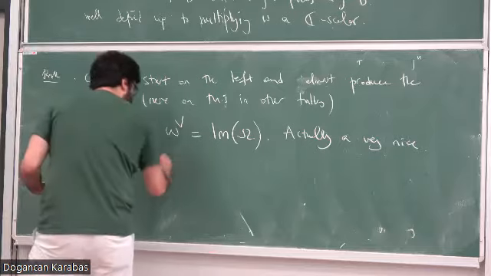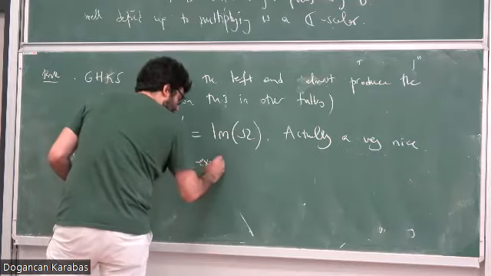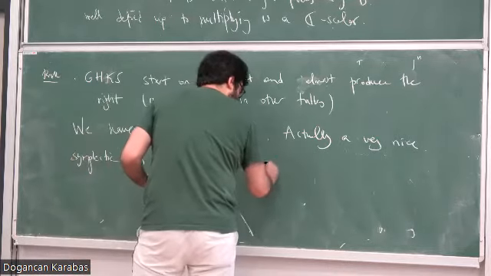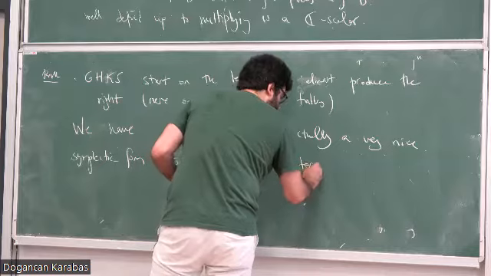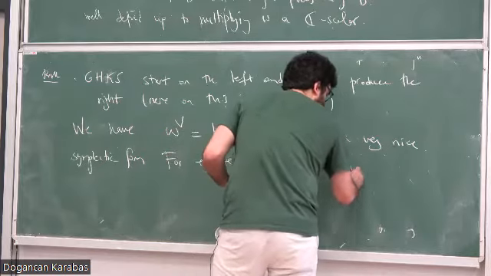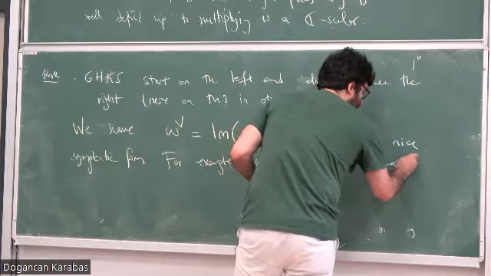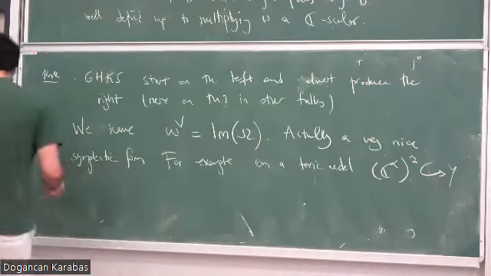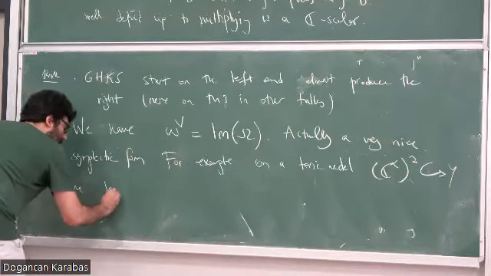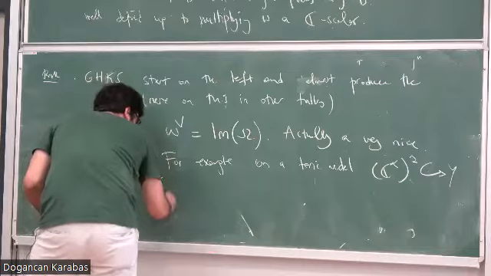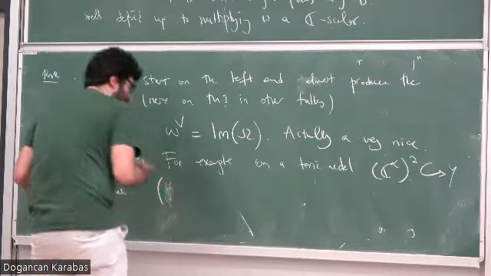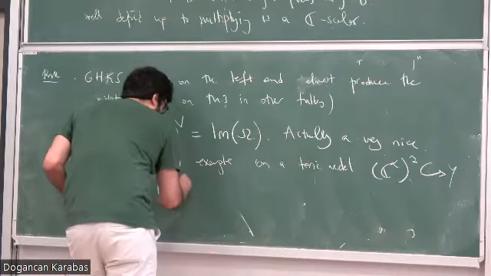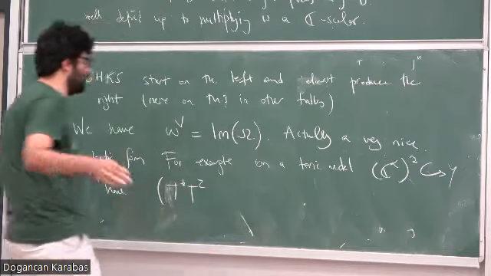For example, on a toric model, C star squared embedded into Y, I know that C star squared is diffeomorphic to the cotangent bundle of T2.